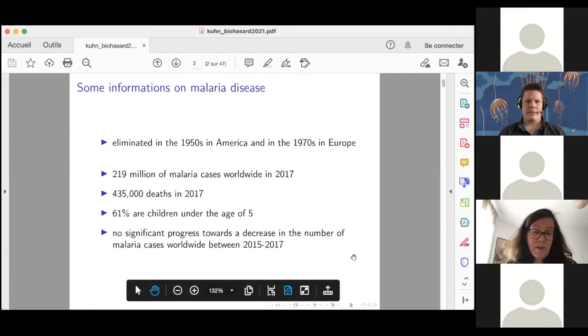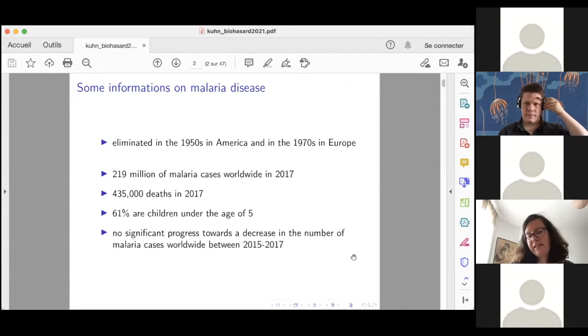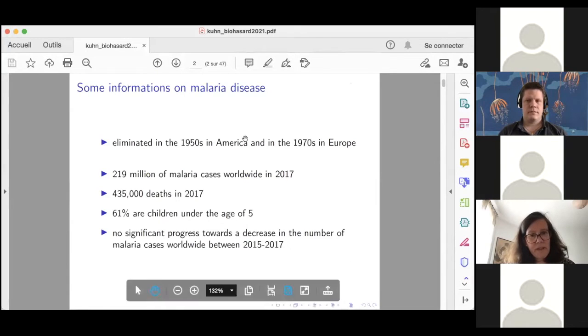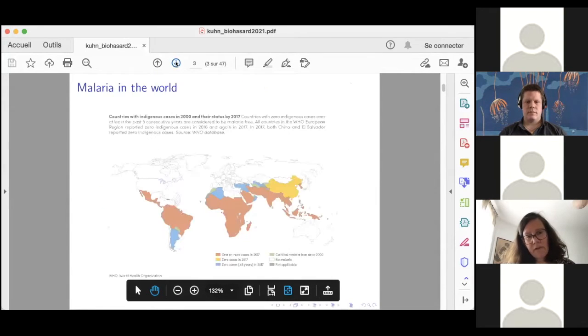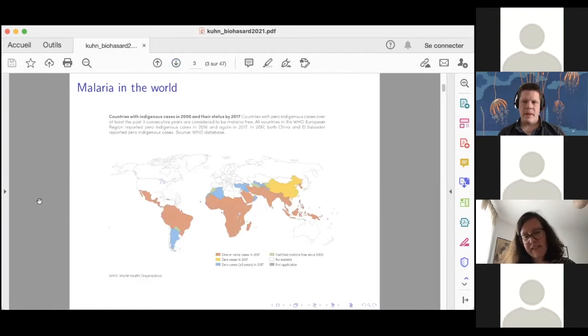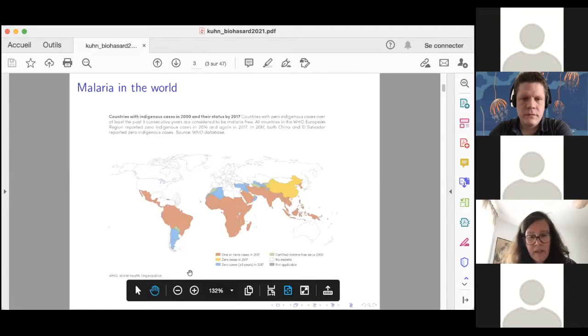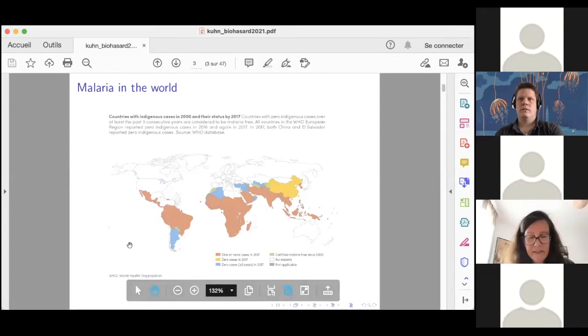Also, there has been no significant progress towards decreasing the number of malaria cases between the last two years. We can also look at this map from the World Health Organization for the year 2017. Countries colored in white have no malaria.